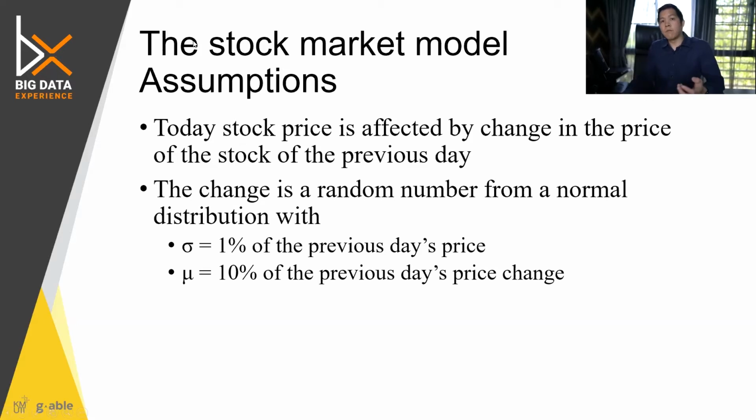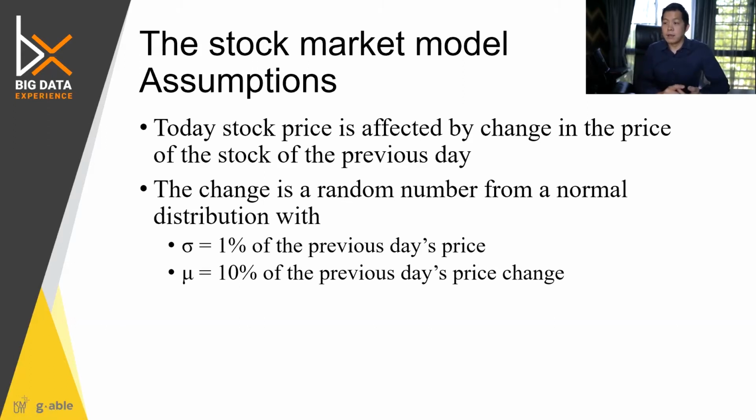So the first assumption would be that the stock price of today is affected by the previous day. What happened yesterday would have an effect today. That's usual, right? But there is a change which is random. This randomness comes from people wanting to buy and wanting to sell.